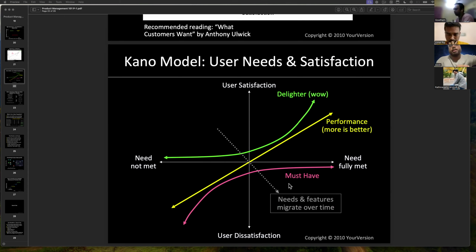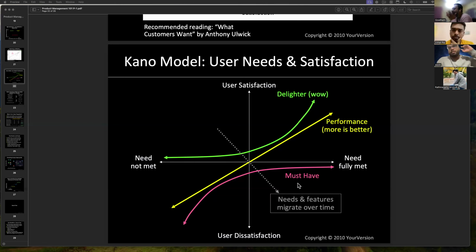One is must-have ideas, another is performance ideas or performance features, and delighter ideas or delighter features. The must-have ideas are really important. They are solving actual problems for the customers, because the user needs are not met yet, and we are building the features addressing that problem.